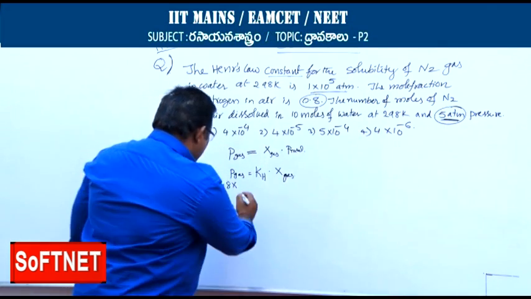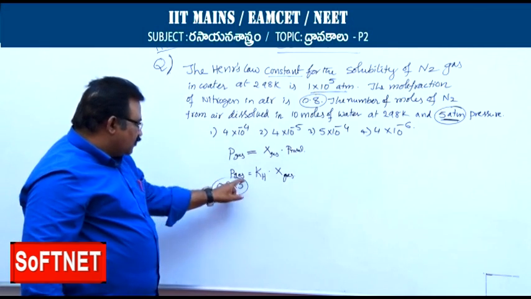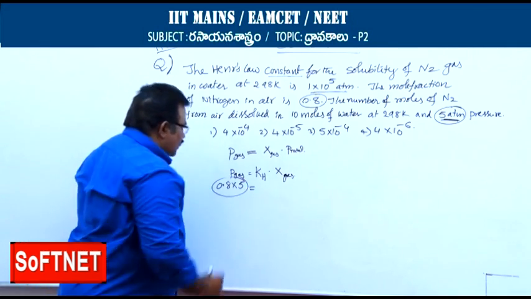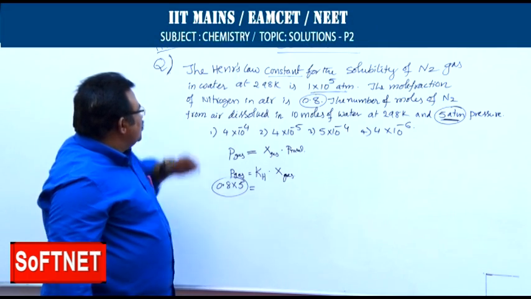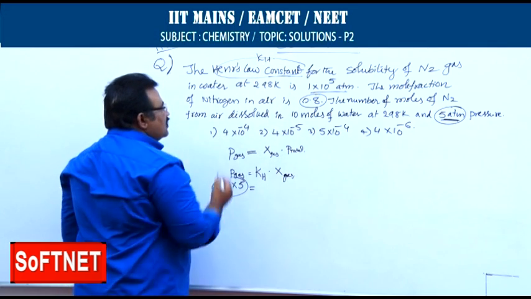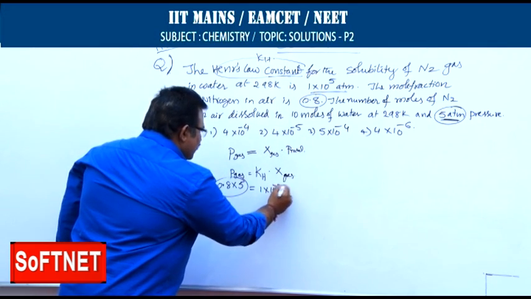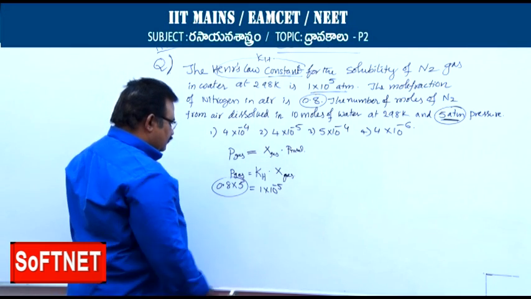Total pressure is how much? 5. This is equal to the partial pressure of the gas. And in this question, Henry's law constant, KH, was given. How much? 1 into 10 power minus 5.